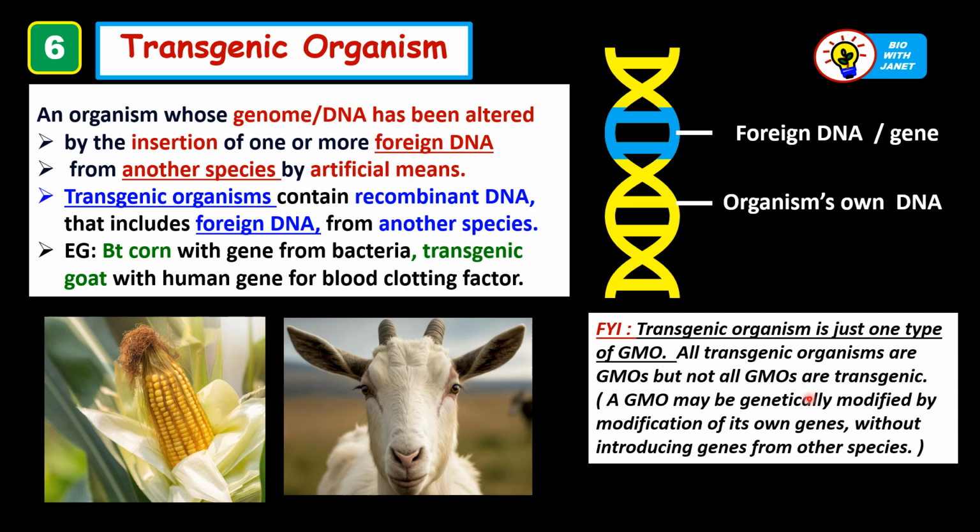All transgenic organisms are definitely genetically modified, but not all GMOs are transgenic. As in the case of an organism that is genetically modified by modifying its own genes, it didn't get any foreign genes from other species. That is not a transgenic organism, but it's genetically modified. So transgenic organism is just one type of the many genetically modified organisms that are produced.